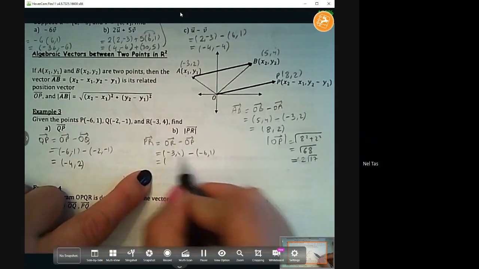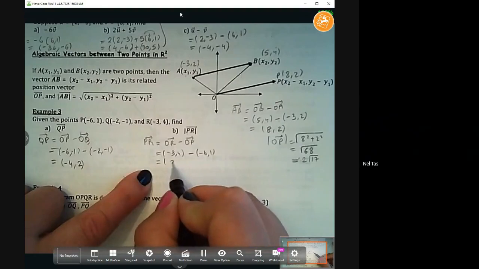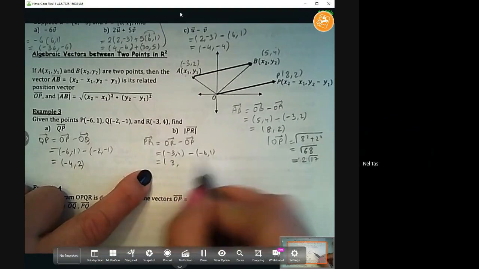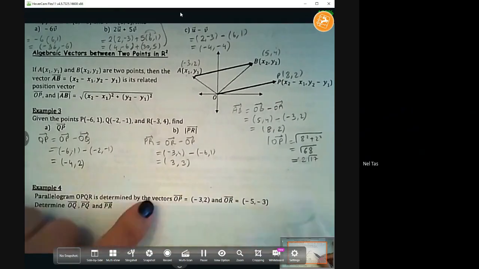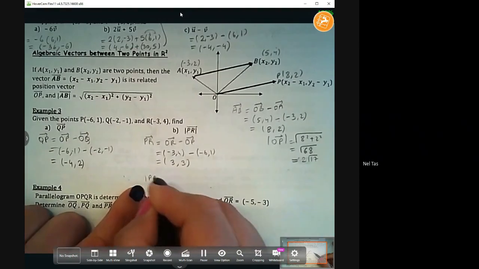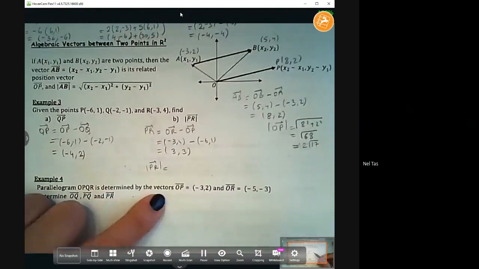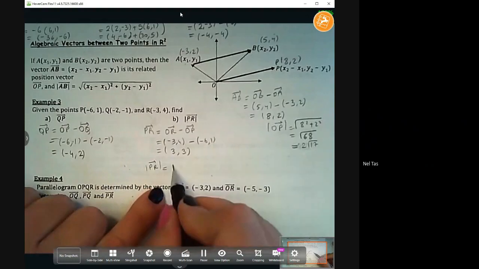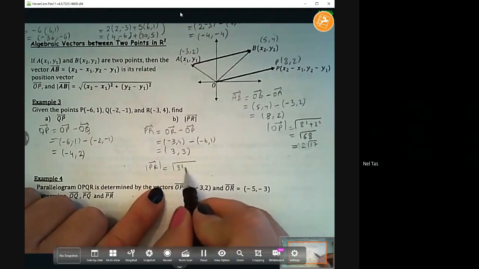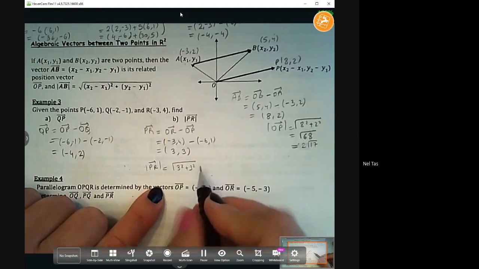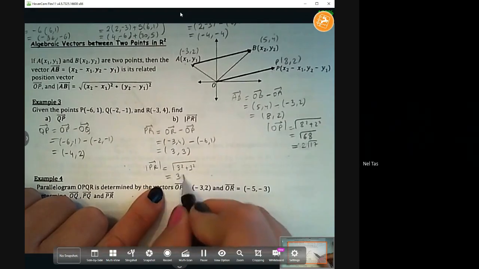So -3 minus -6 is 3, and 4 minus 1 is also 3. To find the magnitude of vector PR, you use the Pythagoras theorem. So 3 squared plus 3 squared, 9 plus 9, 18. That gives you 3 root 2.